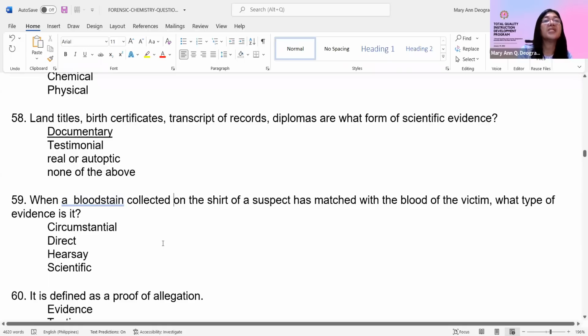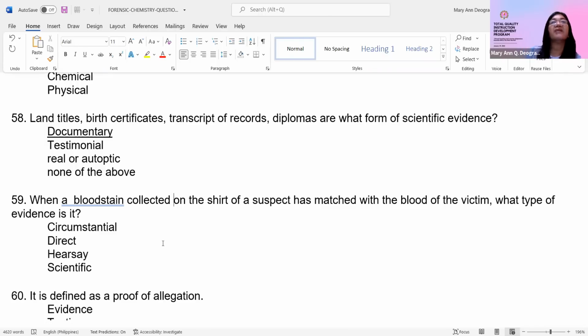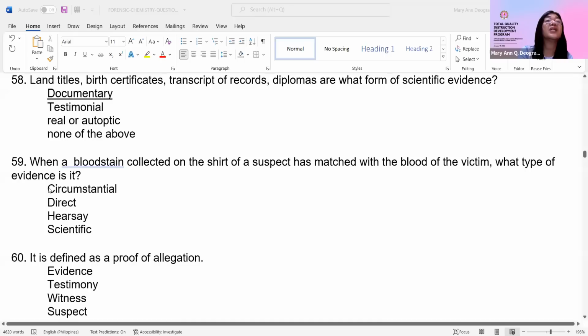Is it circumstantial, direct, hearsay, scientific? Okay, may sumagot. Okay, it's letter A. So that's circumstantial. Yan yung pinaka-example ko sa inyo dati, di ba?